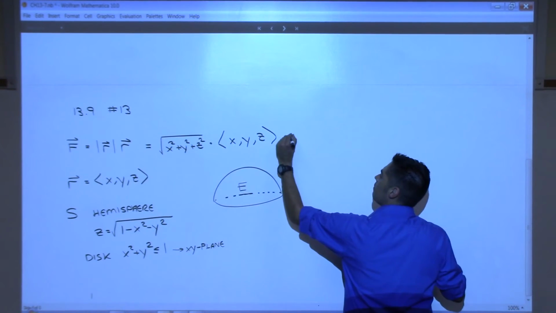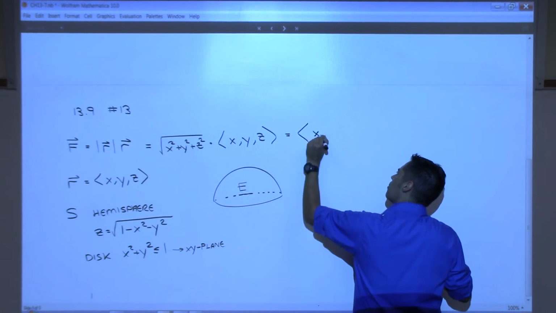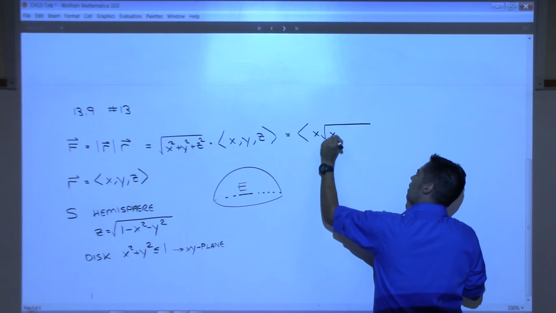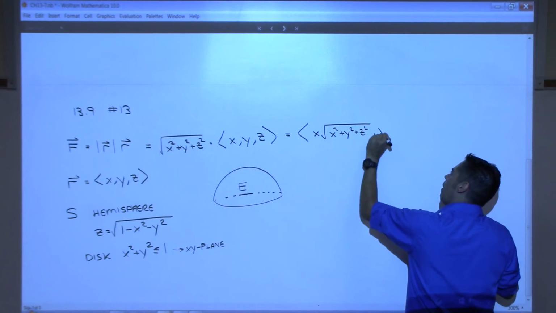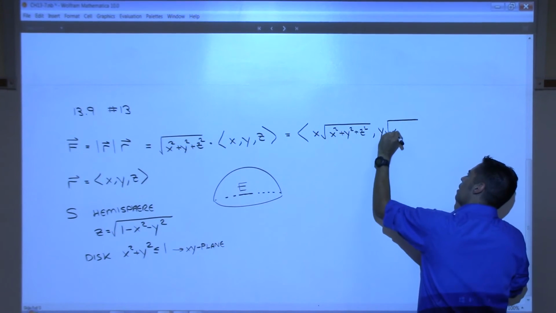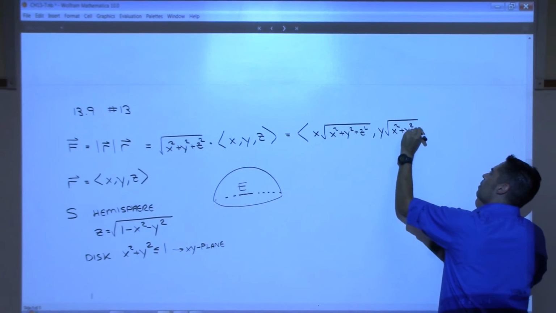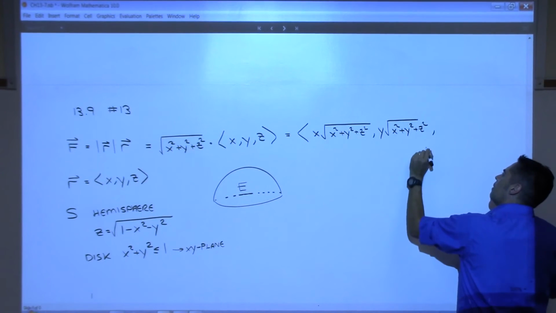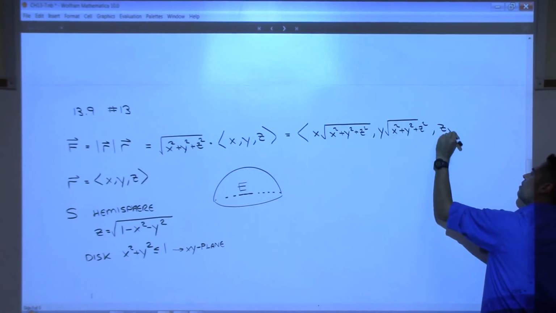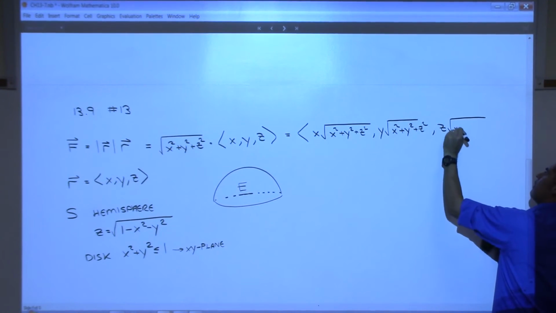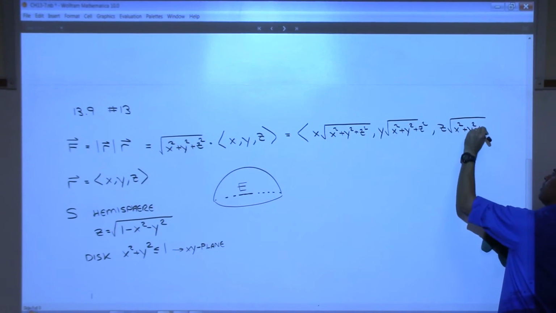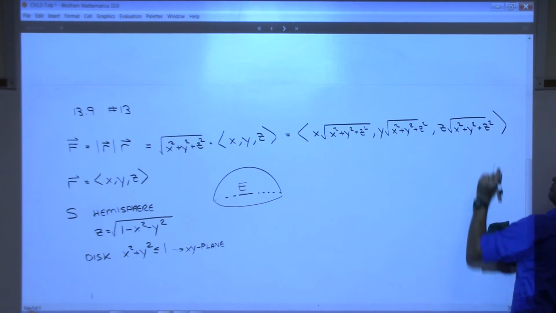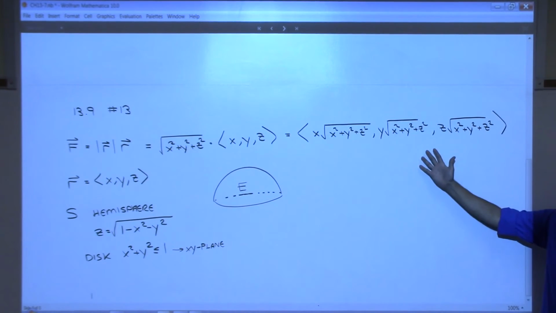So this becomes x root x squared plus y squared plus z squared, y times root x squared plus y squared plus z squared, comma z times root x squared plus y squared plus z squared. That's my vector field. It's ugly.